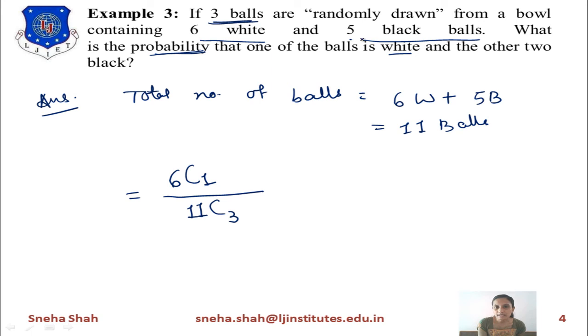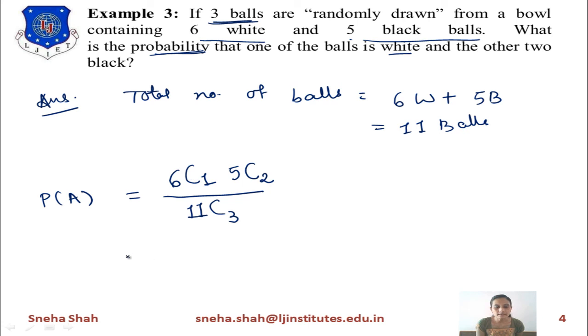And from the 5 black balls, we have to select 2 black balls. You can see that 1 plus 2 equals 3 and 6 plus 5 equals 11. So we are finding the probability of occurrence of A, in which A means the event in which one of the balls is white and the other 2 are black.